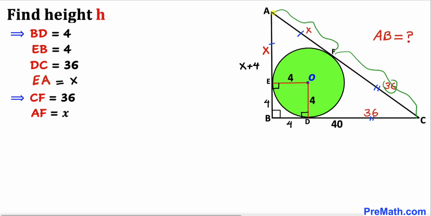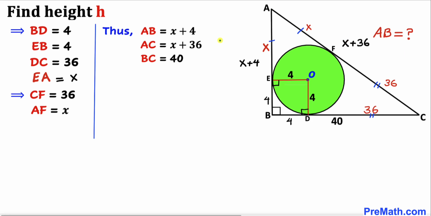So therefore, this whole line segment AC is going to be x plus 36. Therefore, our AB equals x plus 4, our AC is x plus 36, and we know that this BC is 40 units.